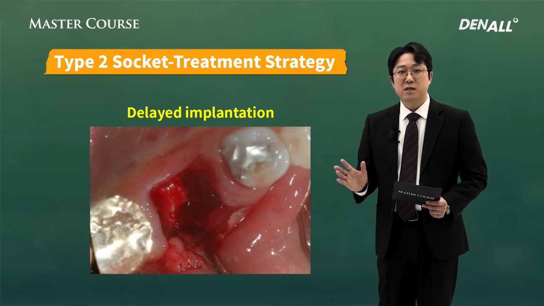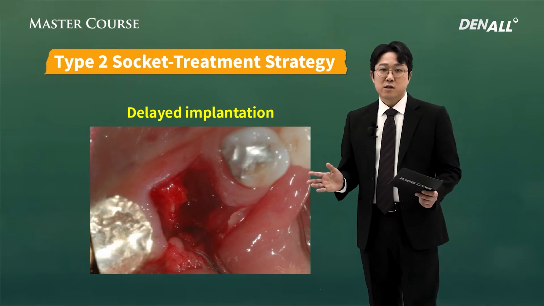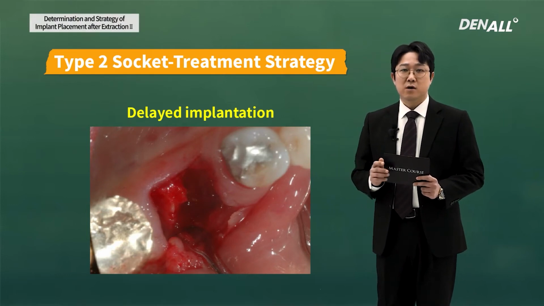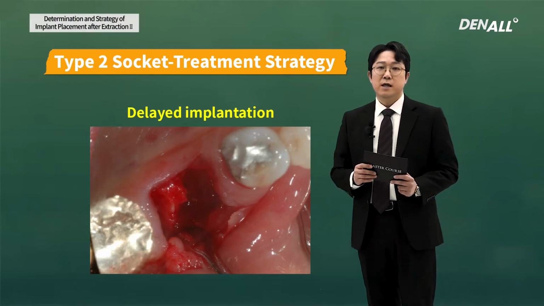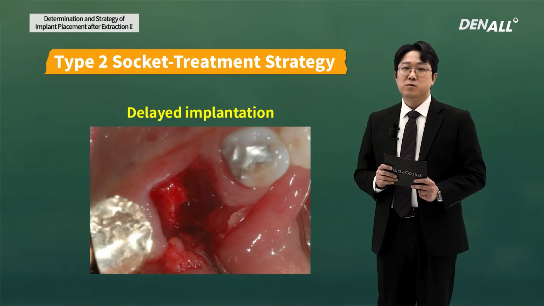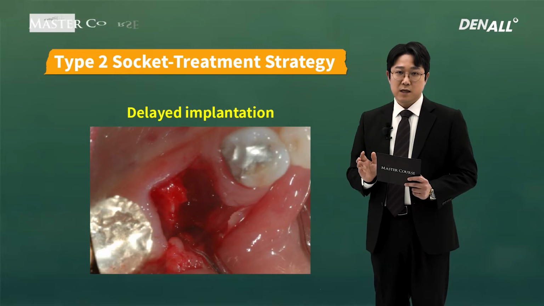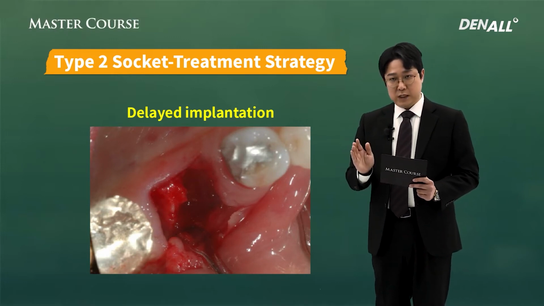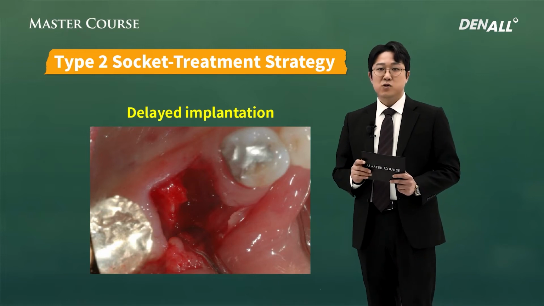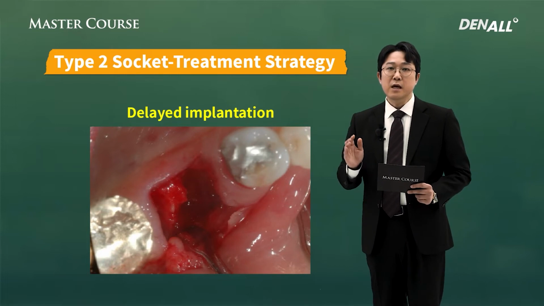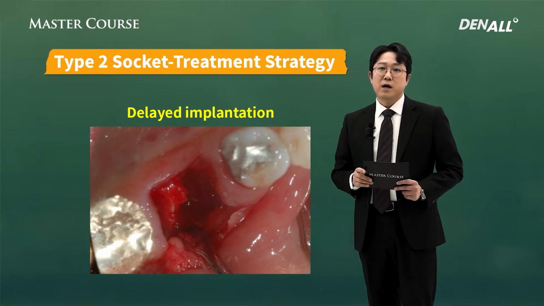Therefore, when the implant was to be placed, soft tissue to cover the surgical site was necessary, so we decided to wait for healing. There was a lot of bone loss buccally, and if there was bone fill in the socket, it would be more favorable in finding the position for the implant placement and for initial stability, so we waited 4 months.